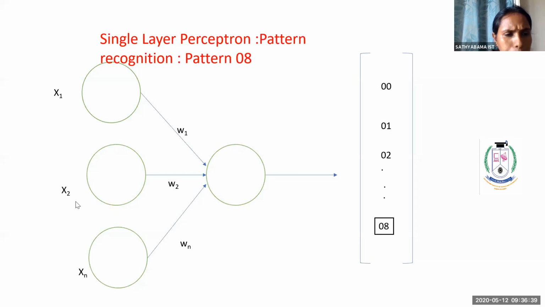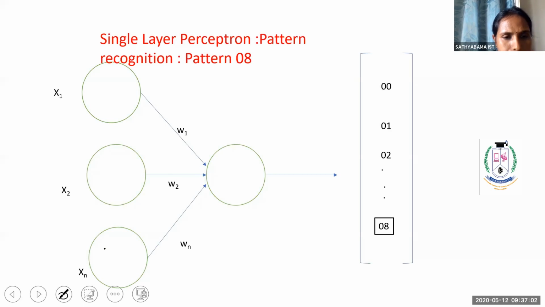Say for example, if you want to recognize a pattern, generally the neural network is used, and here we are using one example for pattern recognition. I want to recognize the pattern 8.